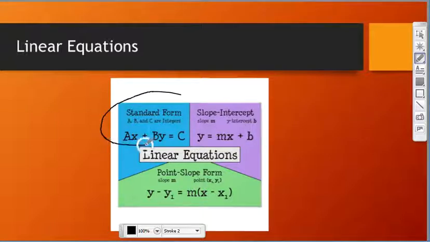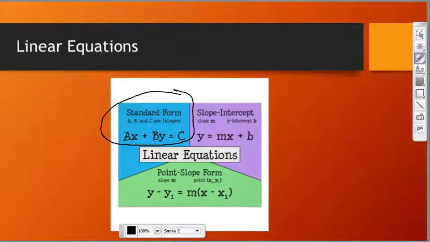This form right here, standard form, is a form that every linear equation can be written in. So if it's a linear equation, it can be written in standard form. And if an equation can't be written in standard form, then we know it's not a linear equation.